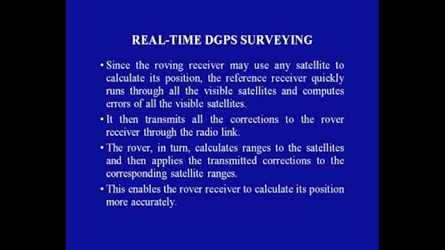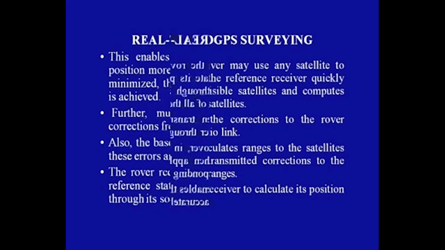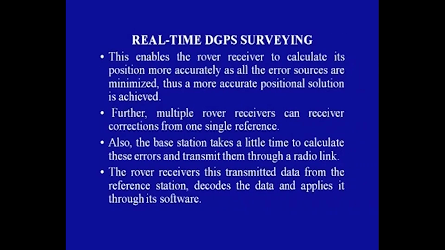The rover in turn calculates ranges to the satellites and then applies the transmitted corrections to the corresponding satellite ranges. This enables the rover receiver to calculate its position more accurately as the error sources are minimized. Thus, a more accurate positional solution is achieved.